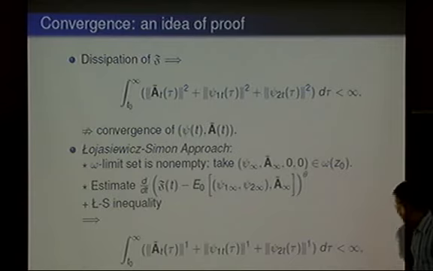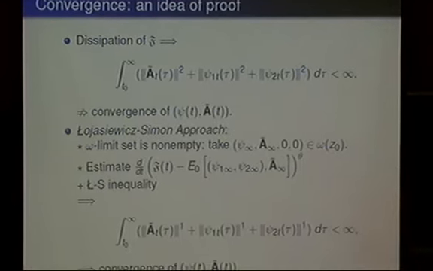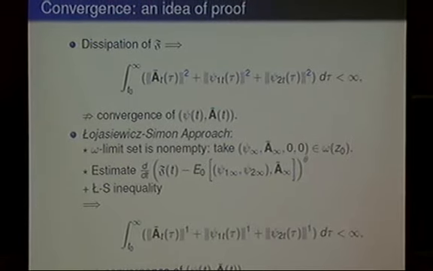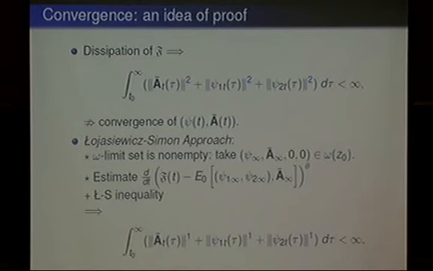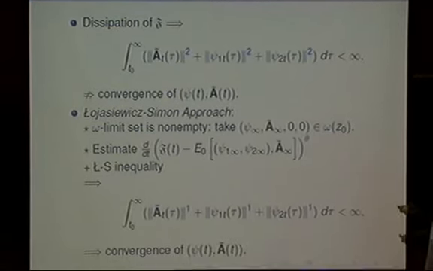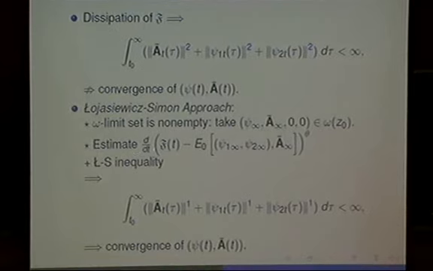So the key point of the Loesch-Simon approach is like this. Since the omega lambda set is non-empty, we just pick one point, and we have a time sequence such that the solution converges to this one. And we estimate the time derivative of F minus the stationary energy to the power of theta.